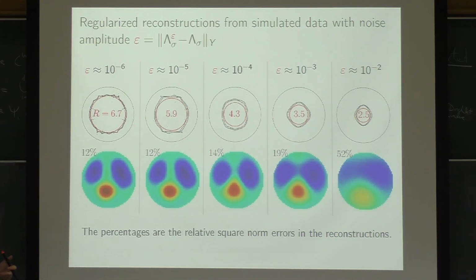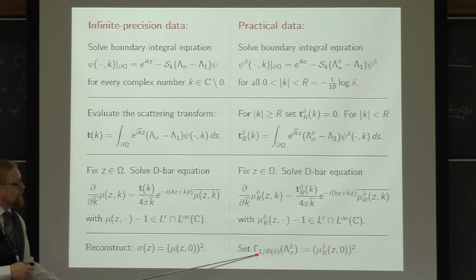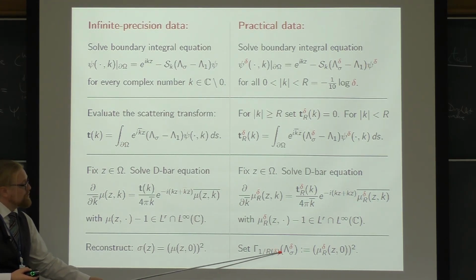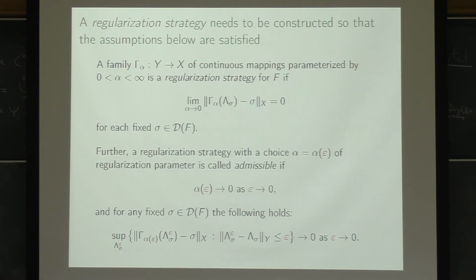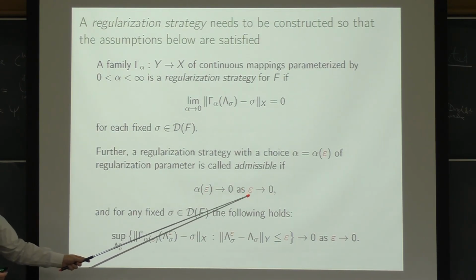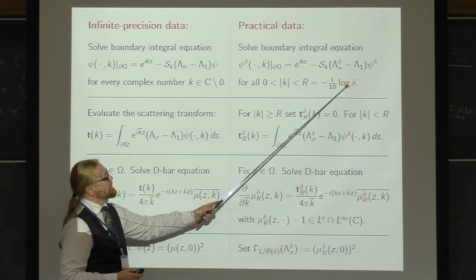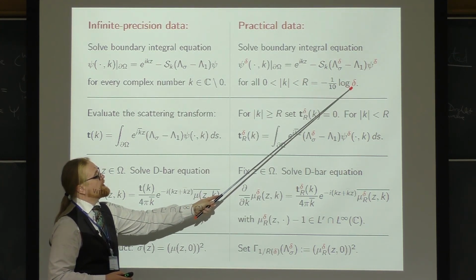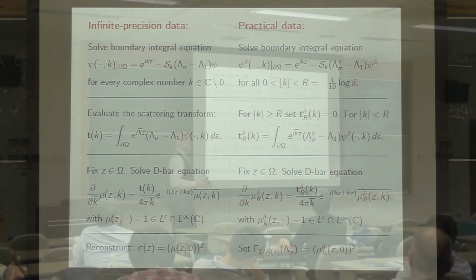So this is somehow how the ill-posedness comes into play and how the regularization is done. If you regularize more, you need a smaller radius, which also means bigger regularization parameter alpha. So there's a direct connection here, and like we had to have here that alpha goes to 0 as epsilon goes to 0, we have it because R depends on the noise level in this way, and then the parameter is given by this.